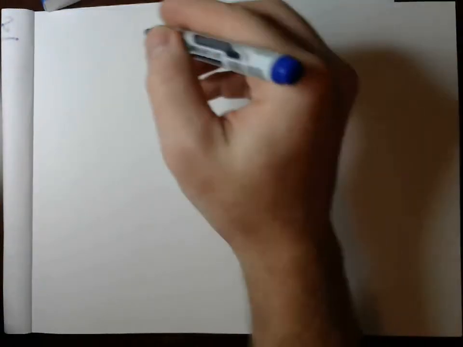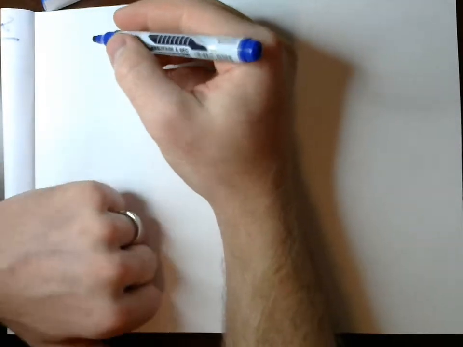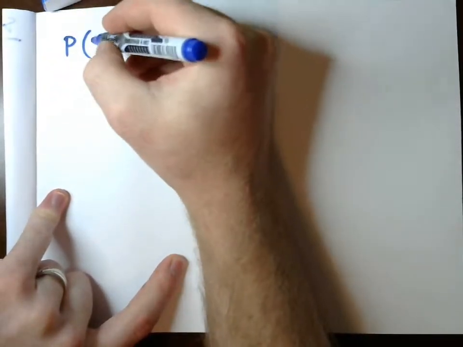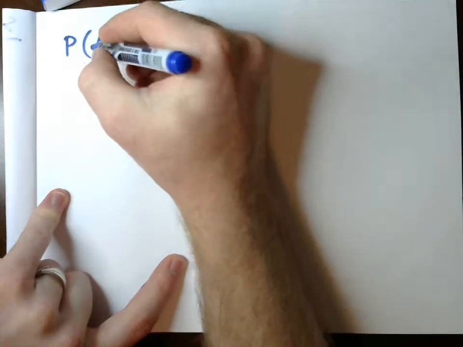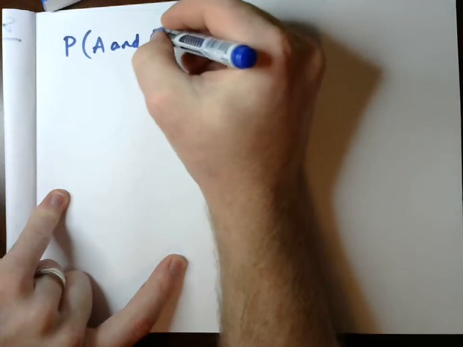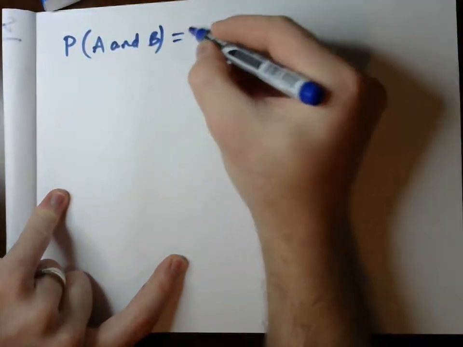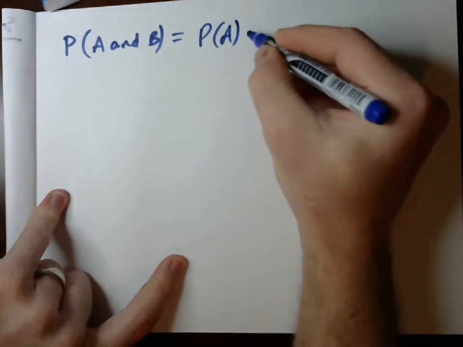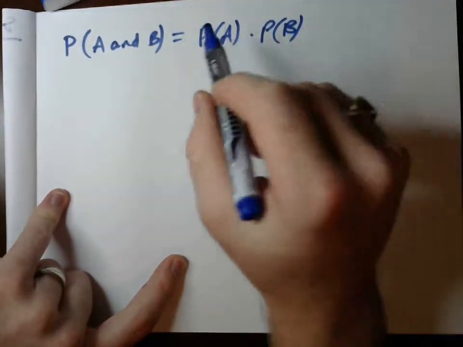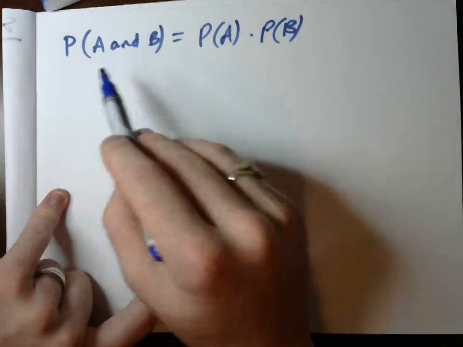There's an equation you may remember from Math 243 for independence: two variables are independent if the probability of A and B is equal to the probability of A times the probability of B. We would say A and B are independent if this equation is true.